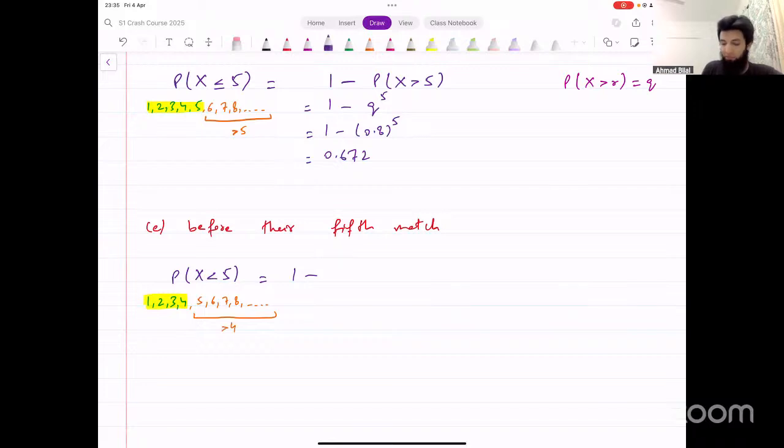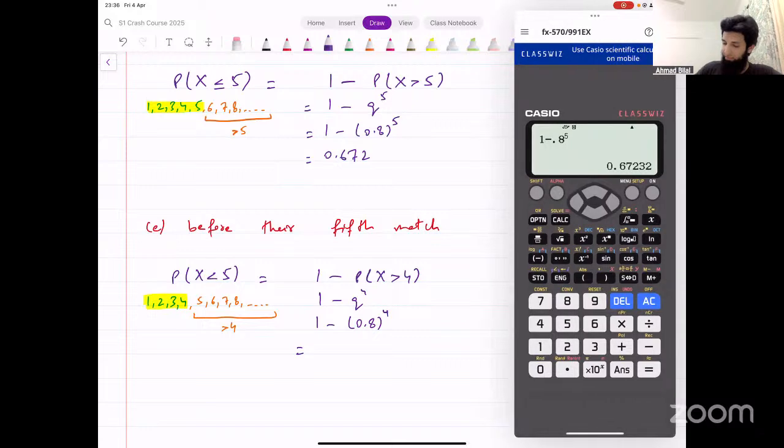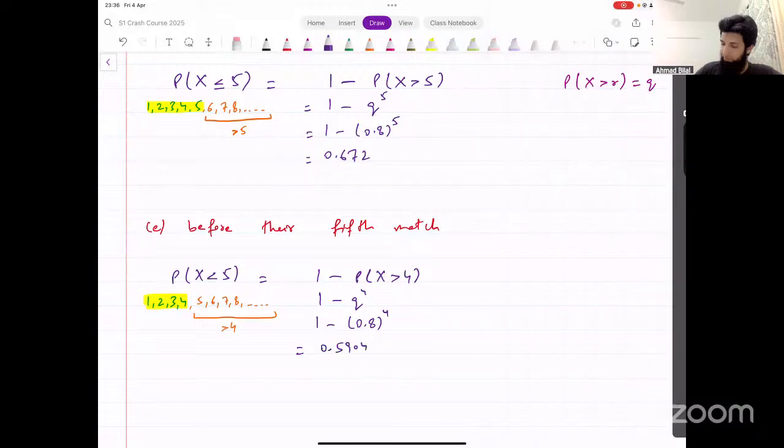So we can say it's 1 minus the probability of x greater than 4. What's the probability of x greater than 4? That is q raised to power 4 using this formula. So that becomes 1 minus 0.8 raised to power 4. And that gives you the result: 0.5904. That's the probability that we were looking for.